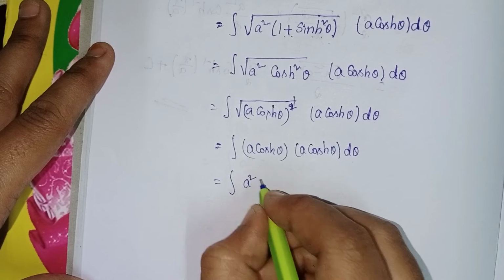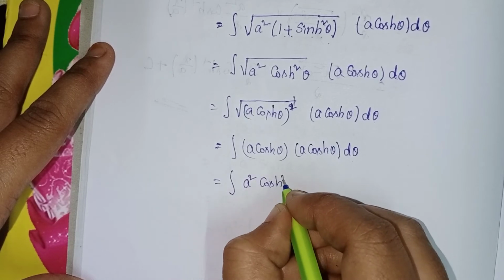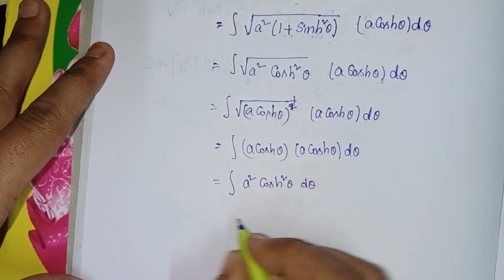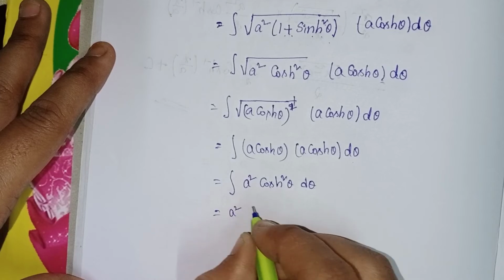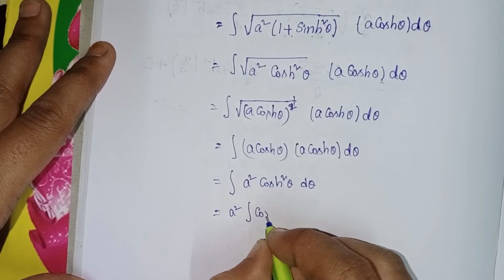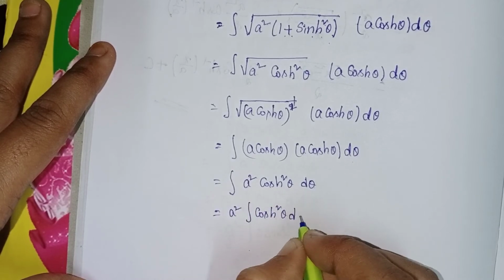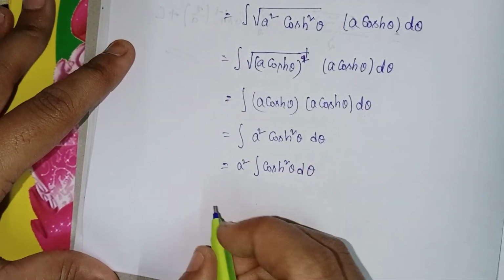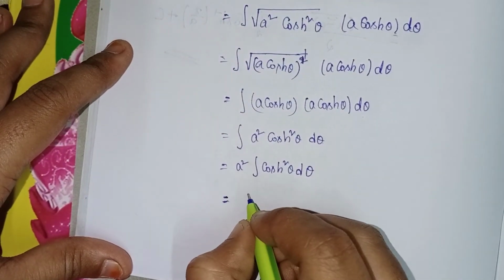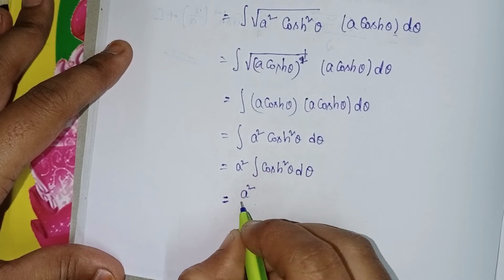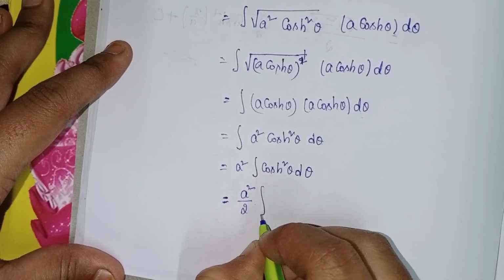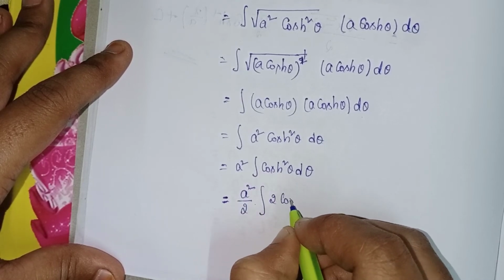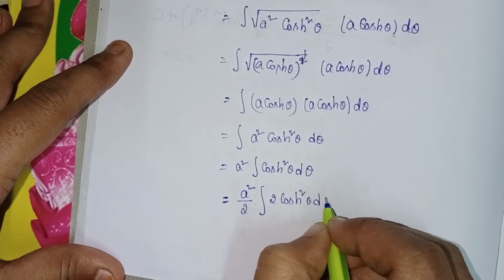Integral a square cosh square theta d theta. A square you take common. Integral cosh square theta d theta. Now again you multiply and divide with 2, d theta.